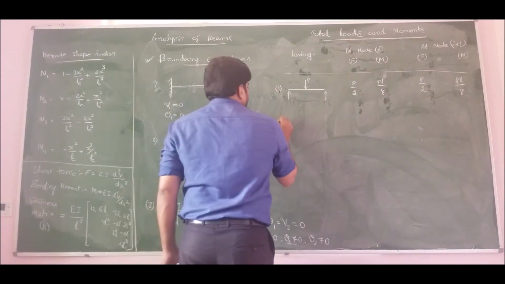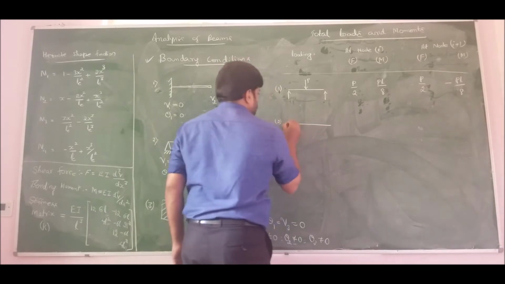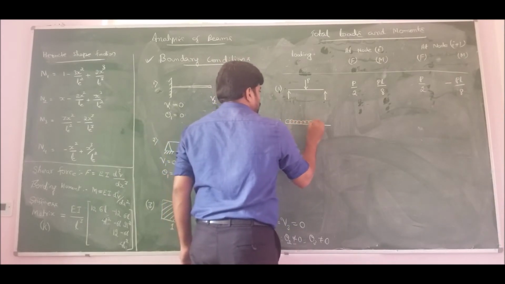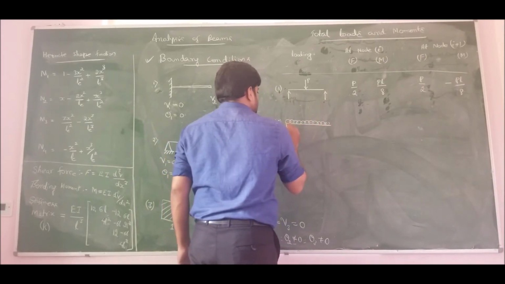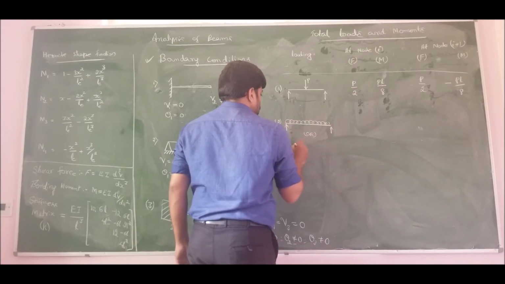The second category of problems involves uniformly distributed load. If load is uniformly distributed from node 1 to node 2, let us take the same simply supported beam, or we can denote it like this also.